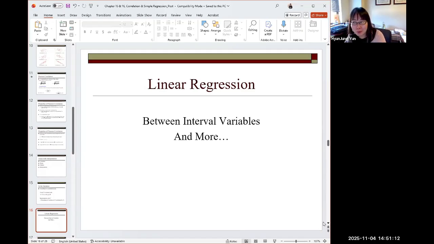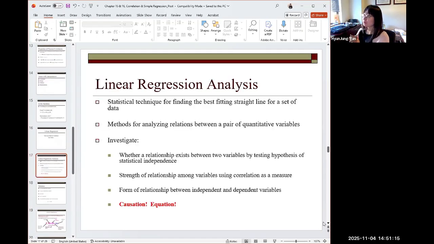Okay? But when I say more, what is the more? Okay, here we go. Both the correlation test and the regression test are looking for a better way to see whether those two integer variables are linearly related. Both the correlation and the linear regression model are really dealing with two integer variables.